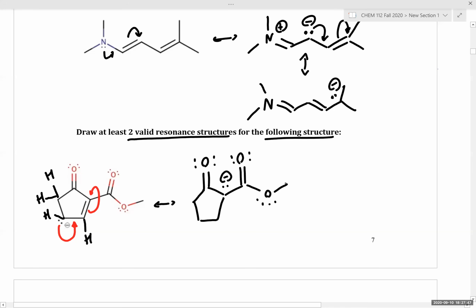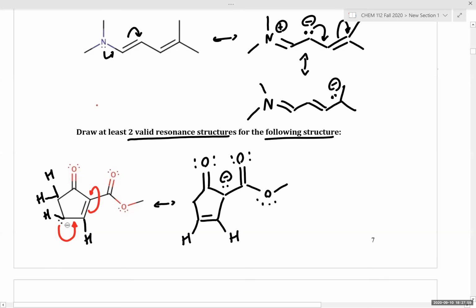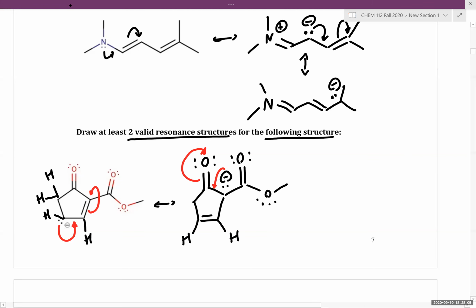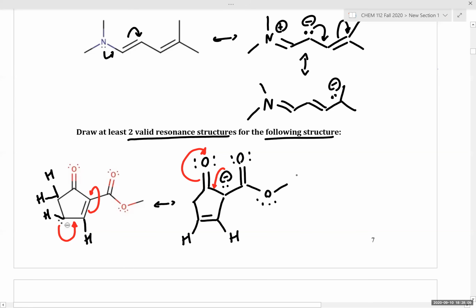It's just a matter of doing each of the resonance structure parts piece by piece. So for example, in the first structure that I saw, the student very correctly noted that you can kick this lone pair down and break our carbon-oxygen double bond, and you end up with a structure that looks like this.